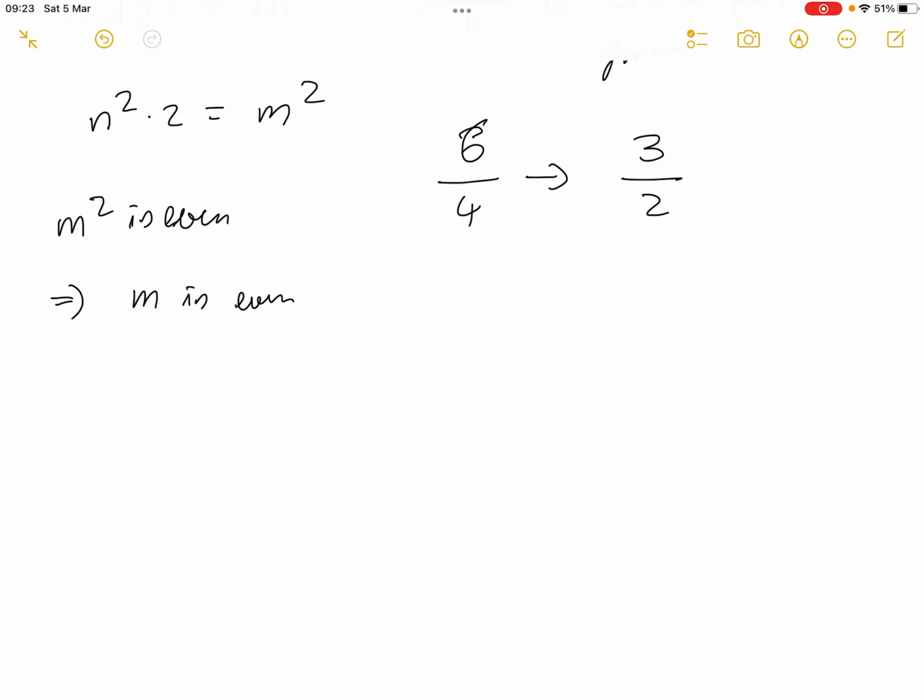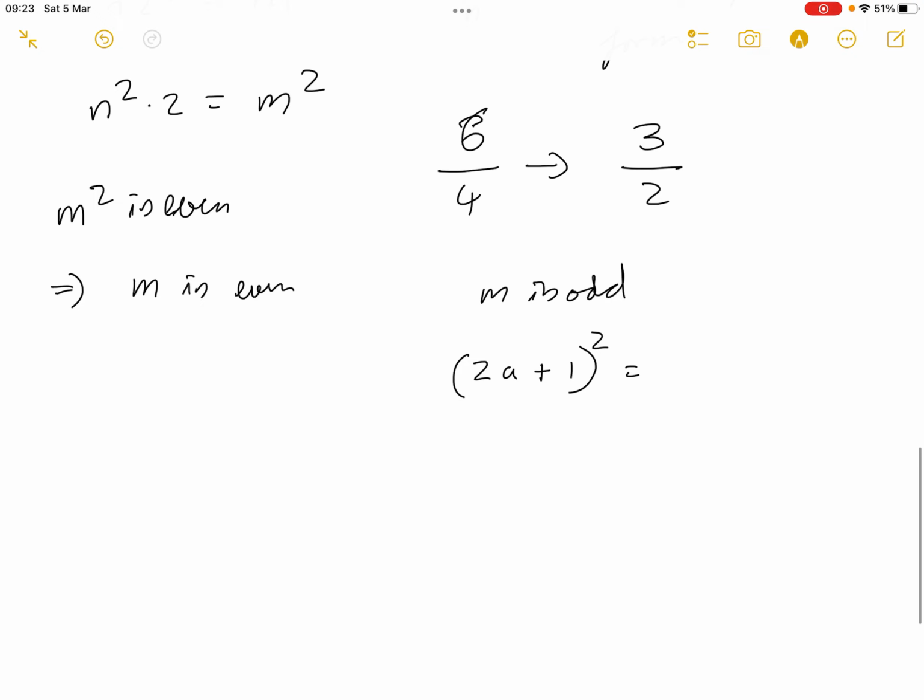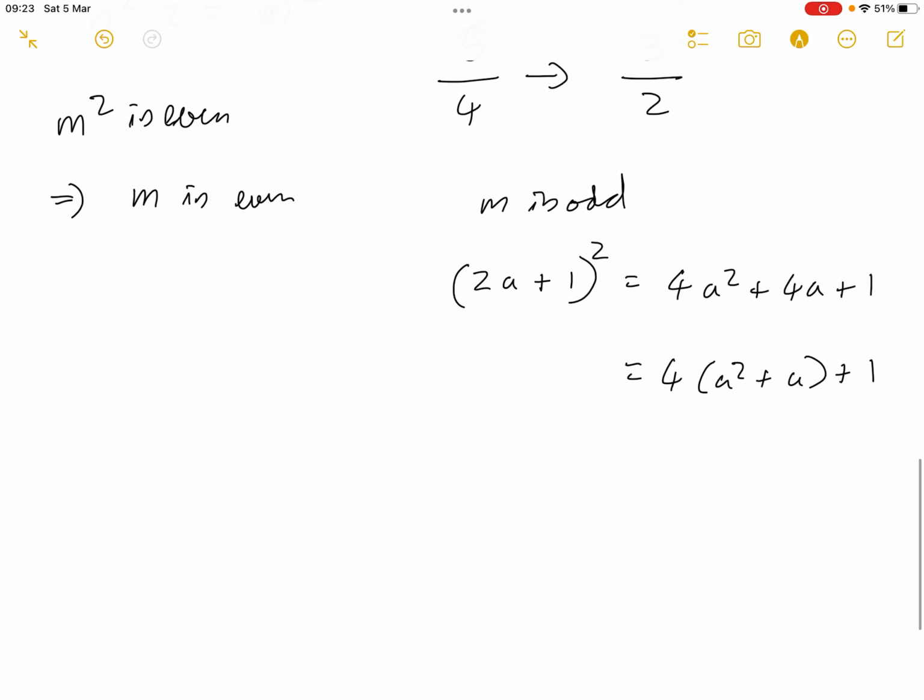Why? Well, suppose m is odd. That means you can write m as 2 times the letter a plus 1. But when we square that, it's equal to 4a squared plus 4a plus 1, which is equal to 4 times (a squared plus a) plus 1. And that's 1 more than a multiple of 2. Well, a multiple of 4 in this case, but 4 is a multiple of 2.